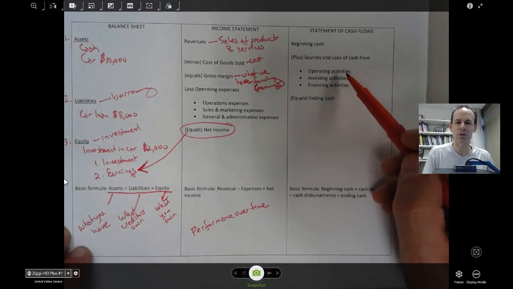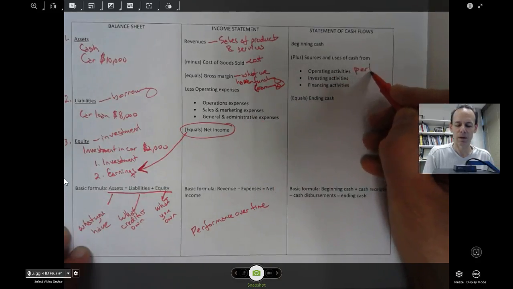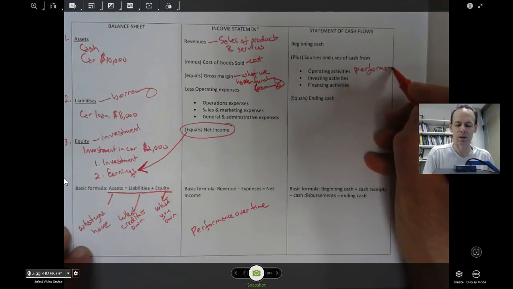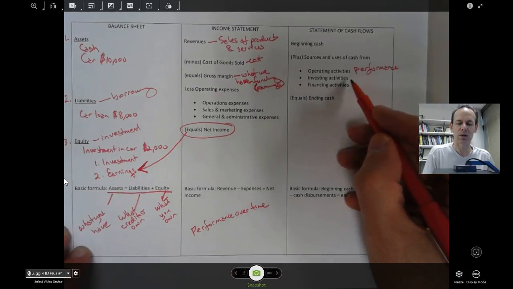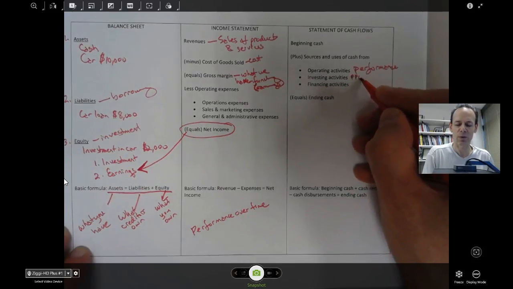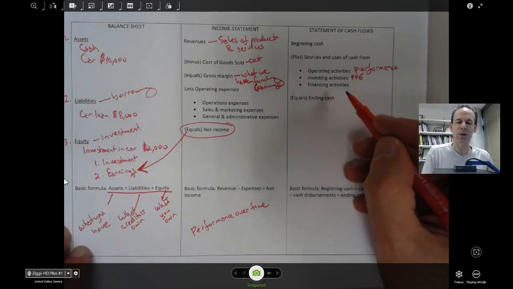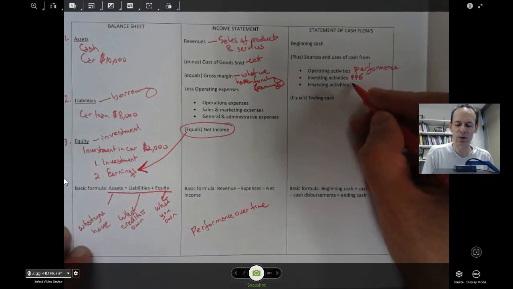We categorize them into operating activities associated with performance, we separate them into investing activities that are associated with the purchase and sale of property, plant, and equipment, and we associate it with financing activities, which has to do with our borrowing and investing activities.